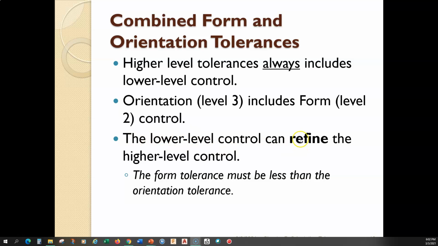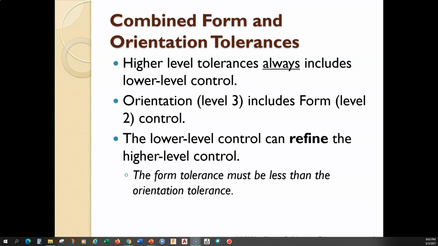If we want to refine, that is, make the lower level control tighter, then we can do that with an additional form control. All right, and I don't have an example here, but basically that would be a multi-line feature control frame where the top line is your orientation tolerance.